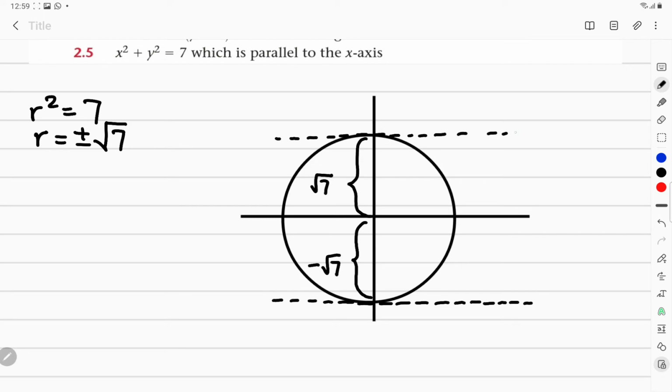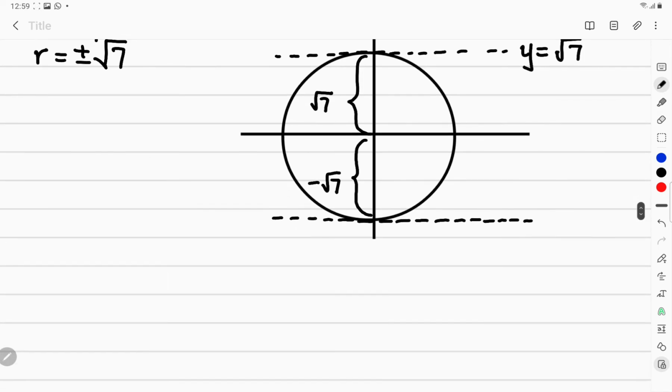So the equation here will be y equals square root 7, and here the equation will be y equals negative square root 7.